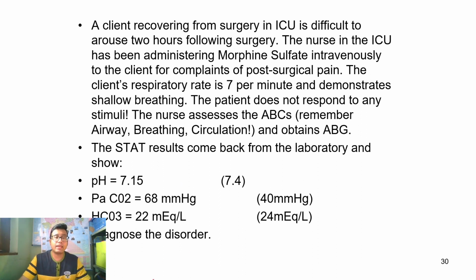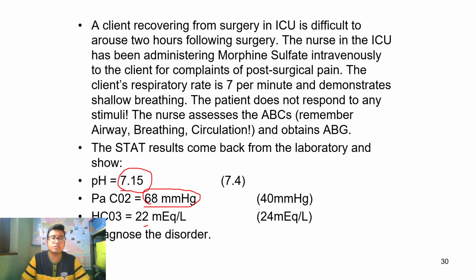Remember, the pH value here is 7.15, so this is acidosis, no doubt about it. Again, write this problem down and then see whether your answer is right or not. PCO2 is excessively high, so PCO2 going up, pH going down, respiratory acidosis.